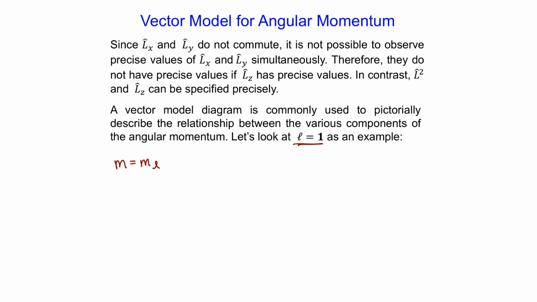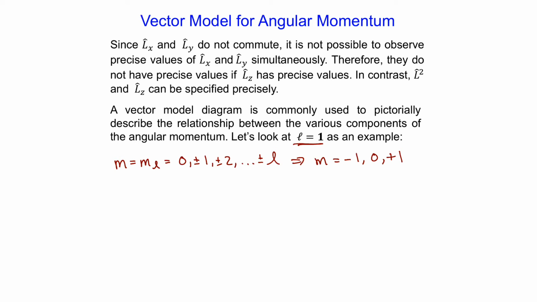Again, we'll often slip into calling it M sub L. It can take on values of 0, plus or minus 1, plus or minus 2, up to plus or minus L. So if we say that L equals 1 here, our possible values of M are going to range from -1, 0, and +1.